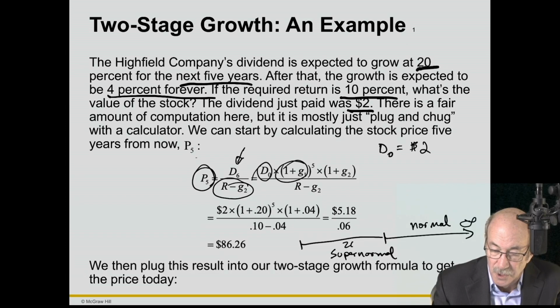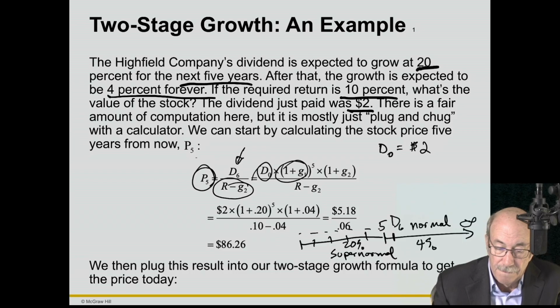So this would be the 20% period, and this would be the 4%, right? So we've got 5 years in here where it's growing at 20%, and then we're looking for D6, which is right out here.